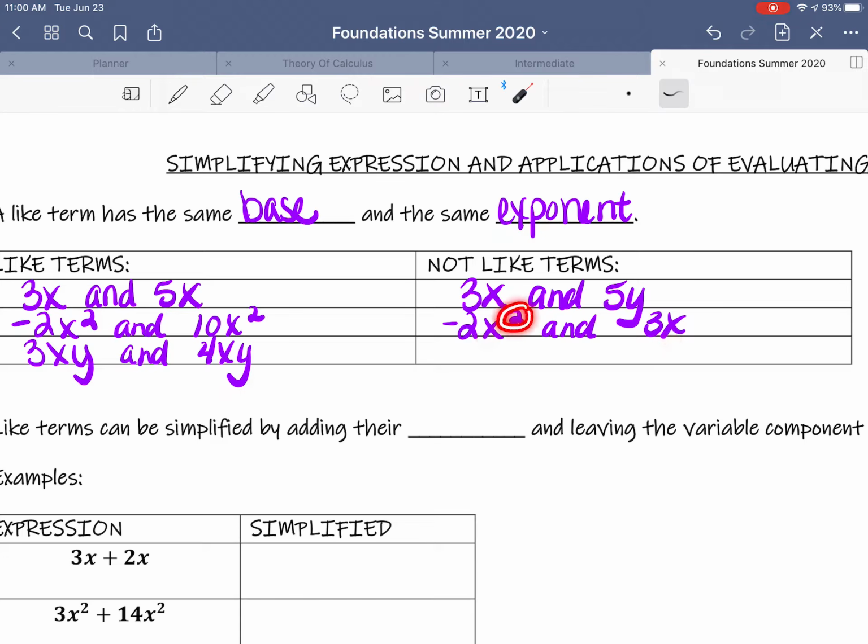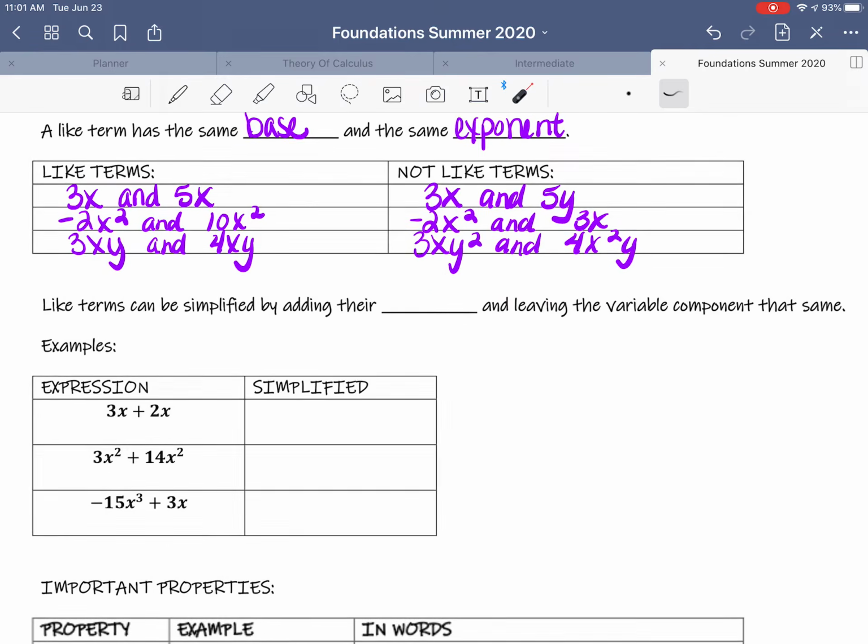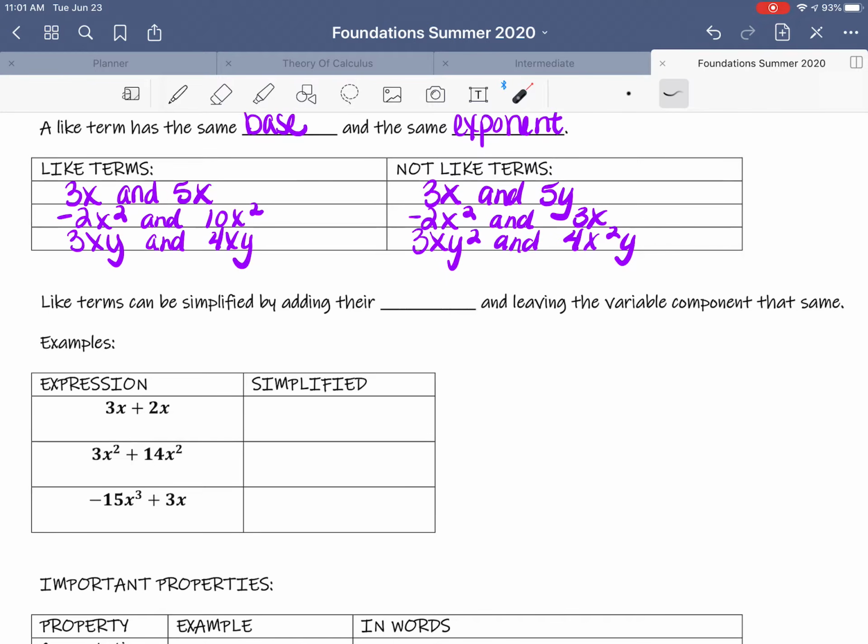They do both have x, but their exponents are different, so they are not like terms. And then 3xy squared and 4x squared y, they both have x and y, but the exponents don't match. They have to be exactly the same. So there's just a couple examples to help guide you.